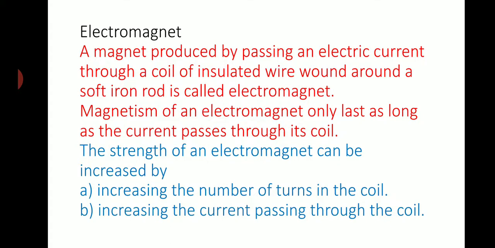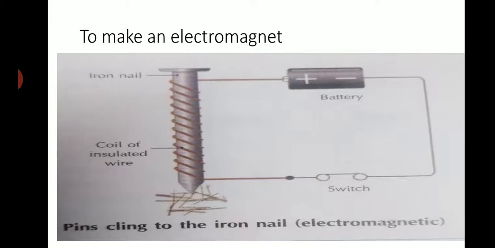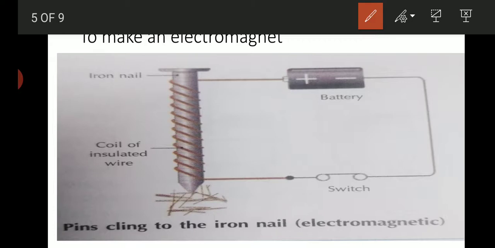Now let's discuss the electromagnet. You have already learned about the electromagnet in your class 6. When you insert a soft iron rod inside the insulated copper wire coil, you find that the deflection of the compass needle is even more than that of the coil alone.